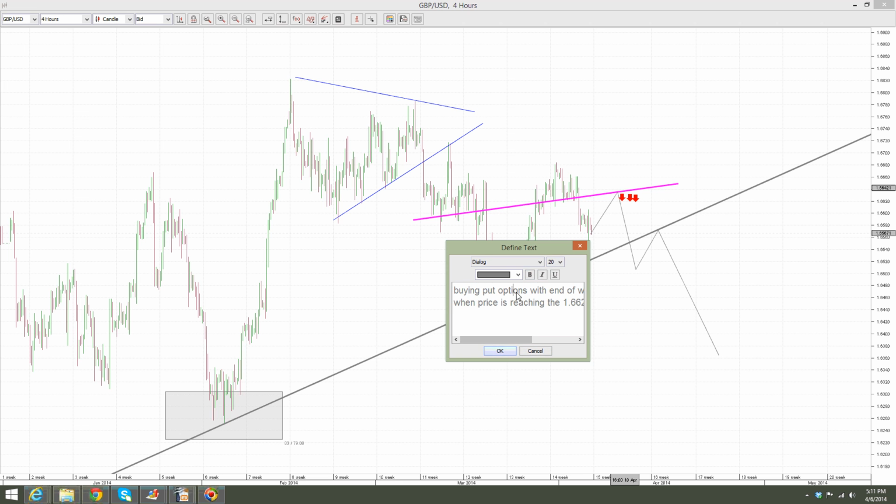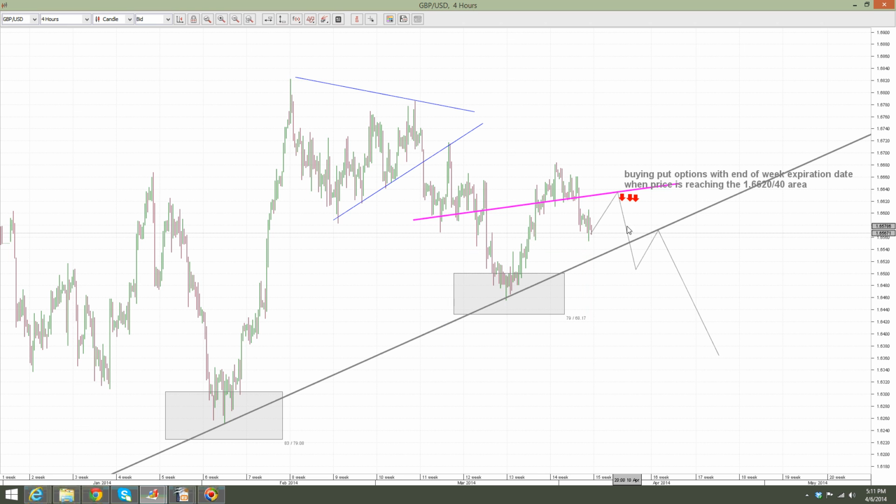Now let's clarify a bit the expiration date and this end of week. What does it mean? Well, it means that if this area comes, let's say this Monday, tomorrow, then we'll buy the put options with end of week expiration date, so for Friday, at the time when the US markets are closing.